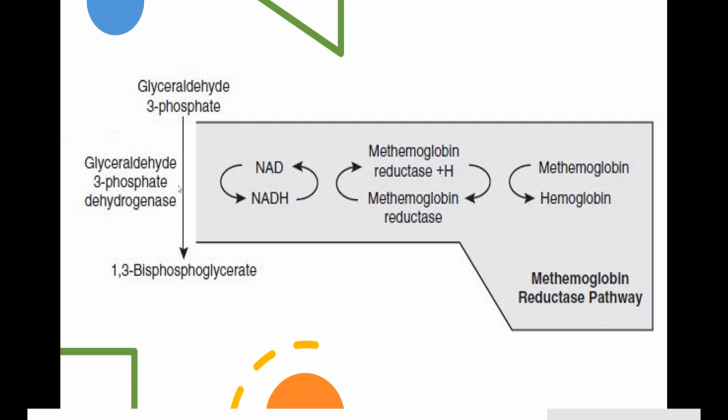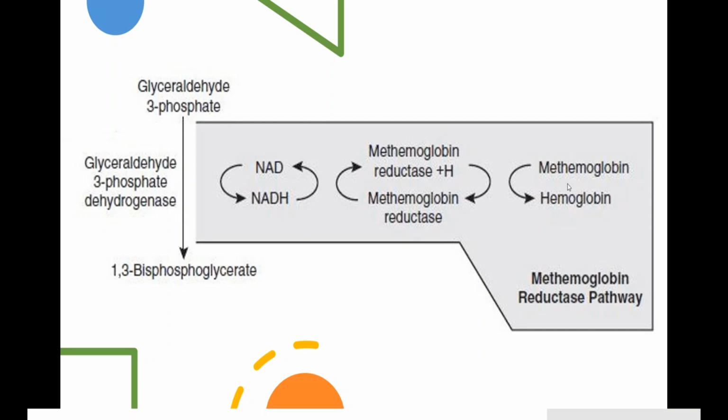During this process of conversion, it generates NADH. So NADH donates the H to the methemoglobin reductase. Then methemoglobin reductase uses this H in order to reduce the ferric iron of hemoglobin into the functional ferrous iron, which is in the form of hemoglobin.